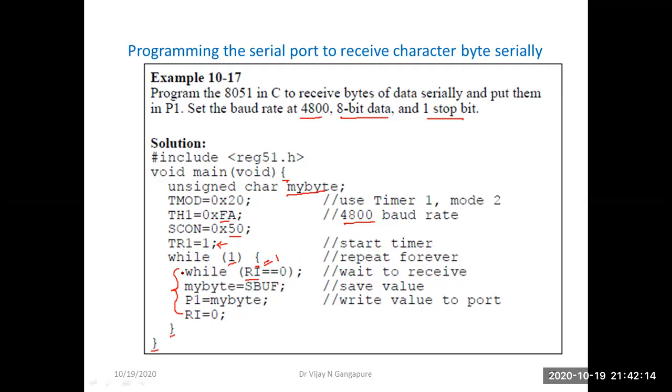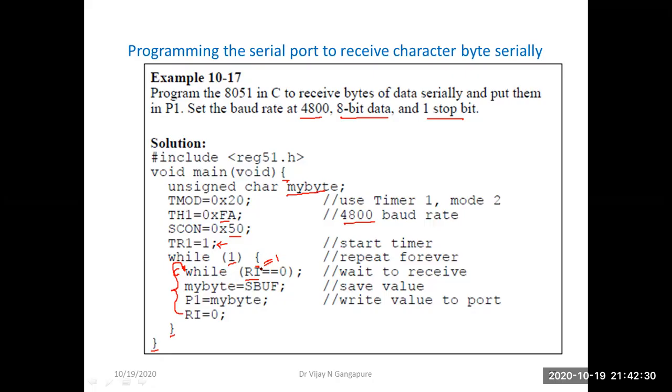So we will be in this loop continuously until the RI flag bit is set. RI flag bit set means a character byte is received and available in SBUF.